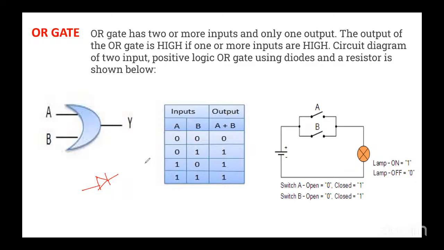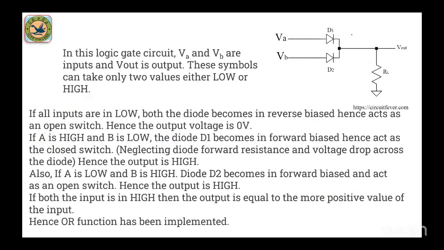The source requires a 5 volts DC supply, connected through resistors. Now, here you can see the diodes.